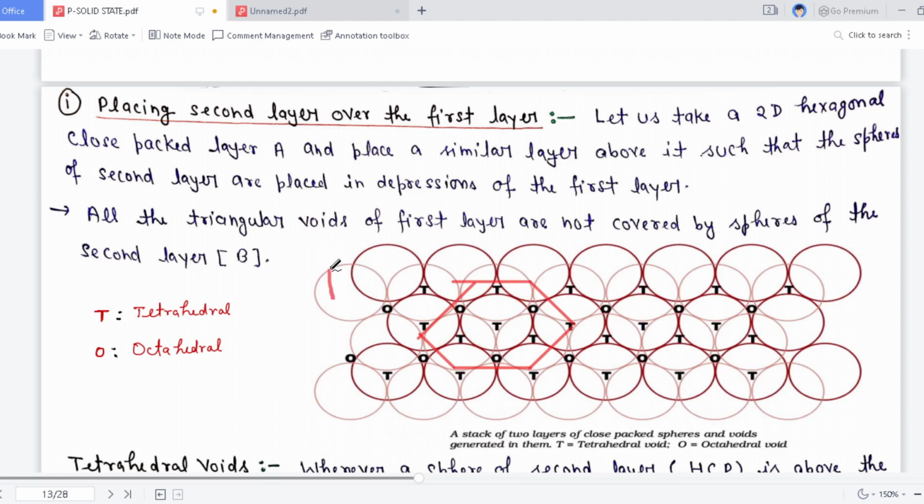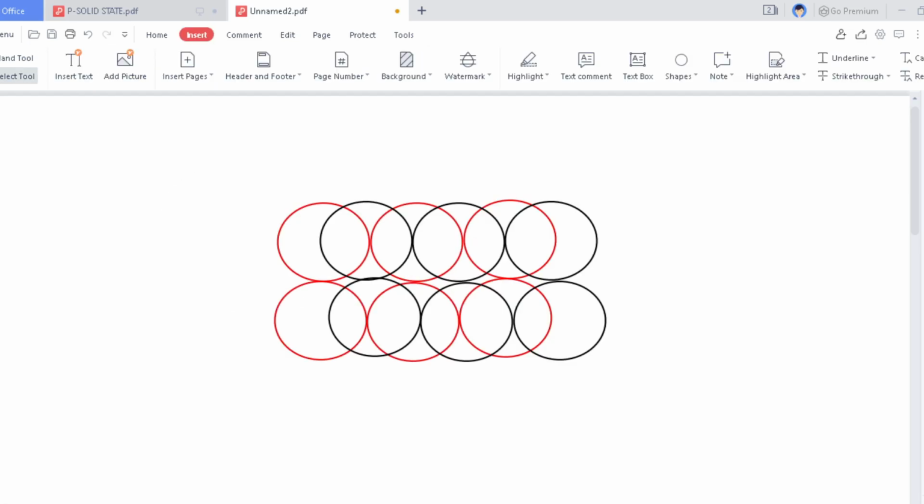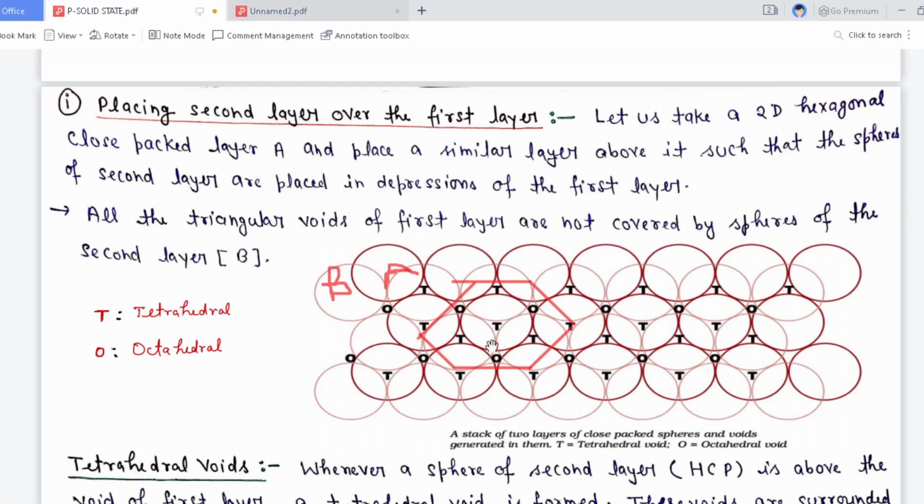This is the first layer A, and this is the second layer B. In the diagram, the one in black is A and the one in red is B.